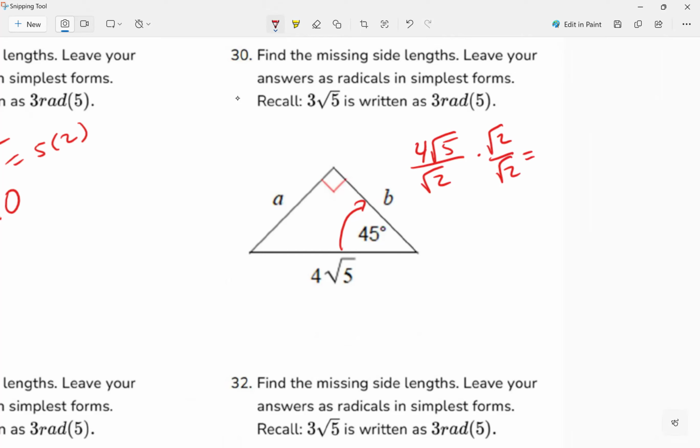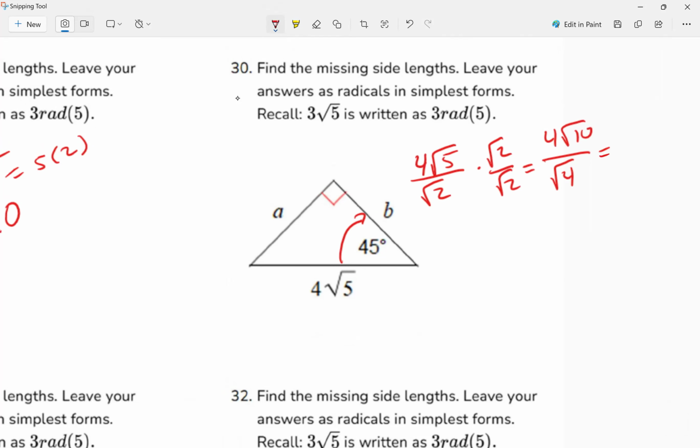The bottom is going to become radical 4, which becomes a whole number. On the top, I have 4 radical 10. Notice I multiply my radicals, 5 times 2 gave me 10. So I have 4 radical 10 over 2. Remember, the bottom square root of 4 became a whole number.